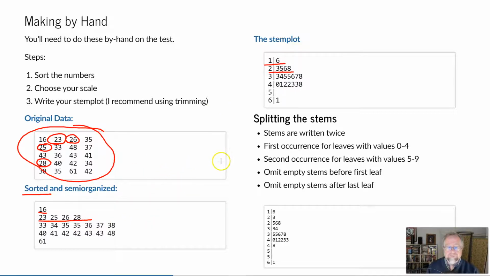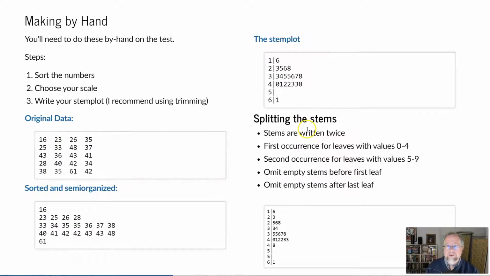Now sometimes, as you can see in this data set here, maybe I'm worried that I'm missing some information. And so if I want to expand the stem plot, I can do what's called splitting the stems. So the basic rule is that every stem is written twice. There's a little caveat to that. We'll get to that. The first occurrence gets leaves 0 to 4, and the second occurrence gets leaves 5 to 9.